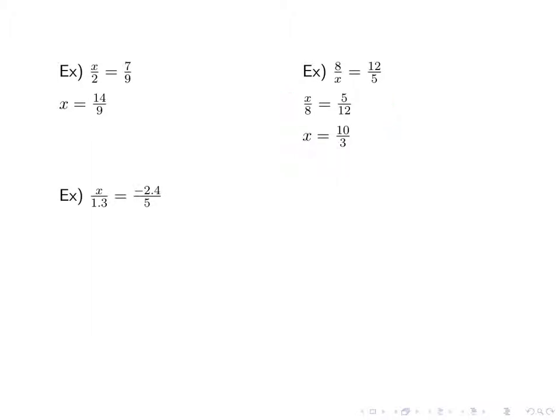For another one, x over 1.3 equals negative 2.4 over 5. Again, the unknown is on top, so I'm just going to multiply both sides by 1.3. And I get negative 3.12 over 5. Simplify it. Again, we don't like fractions and decimals together, so that equals negative 0.624.